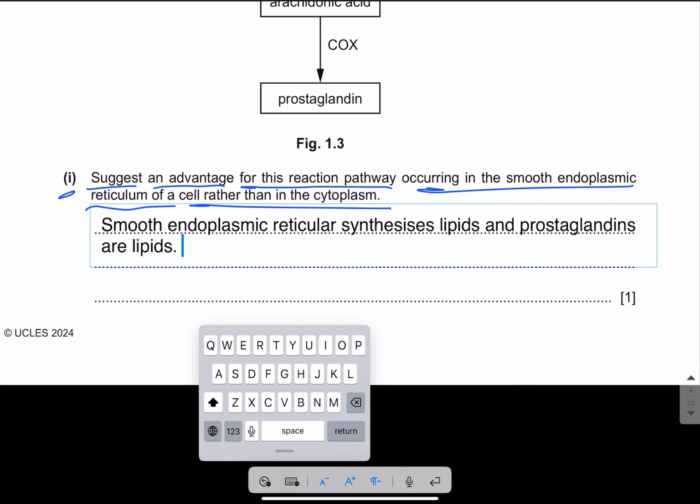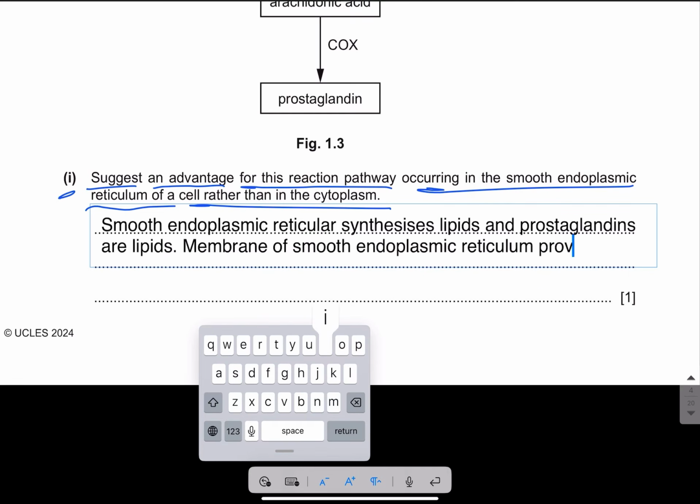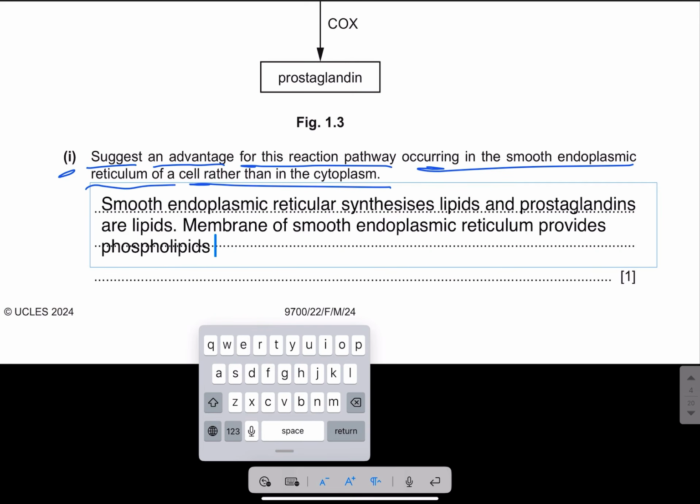You will also write that the membrane of smooth endoplasmic reticulum provides phospholipids slash arachidonic acid as a substrate for COX.